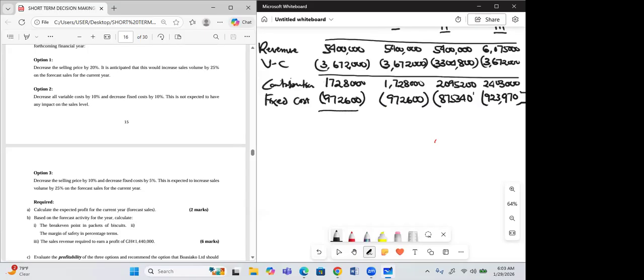So when we sum all, give me the profits. 755,400 for current. Yes, for current. 137,554, option 1.